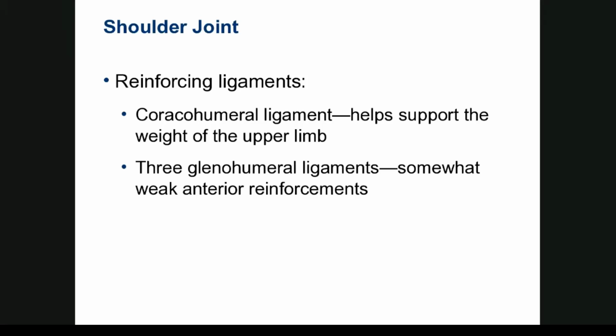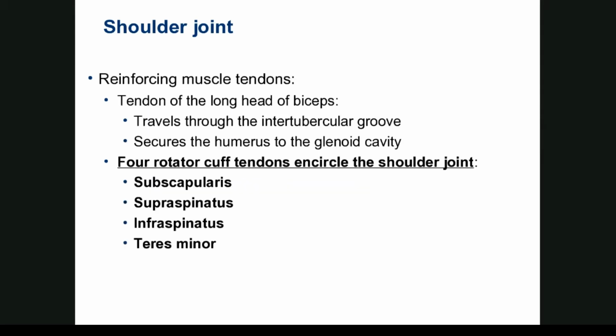Has reinforcing ligaments, coracohumeral ligament and 3 glenohumeral ligaments. Okay, reinforcing muscles, and these are extremely important. The tendon of the long head of the biceps secures the humerus to the glenoid cavity.